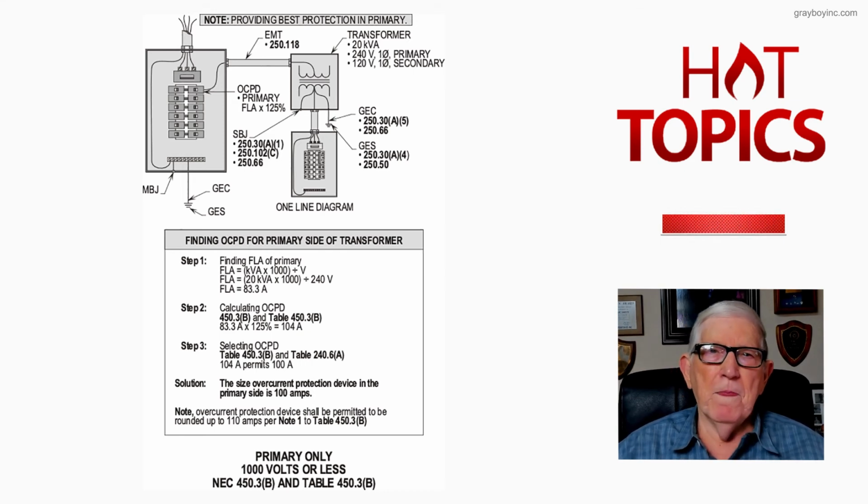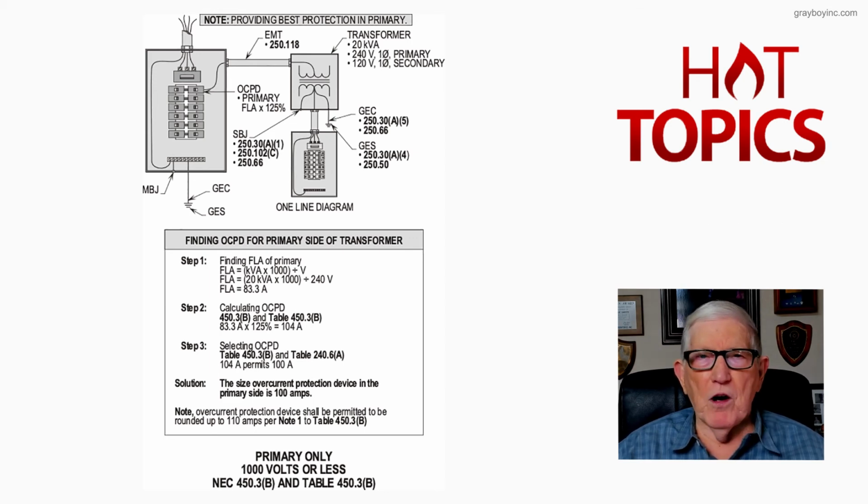Plus, if you had a few fractional horsepower motors, and you figured the largest fractional horsepower motor in sizing the overcurrent device, and added the other full load currents of the motors, you still may not move up. In that case, sometimes they would move up above the 125% just to allow these motors to operate and not have nuisance tripping.